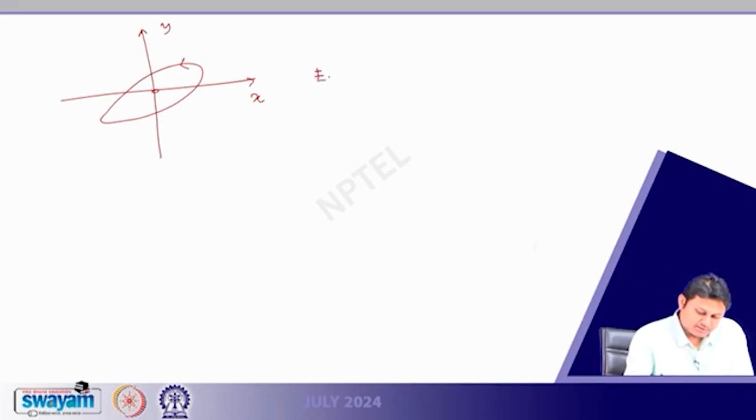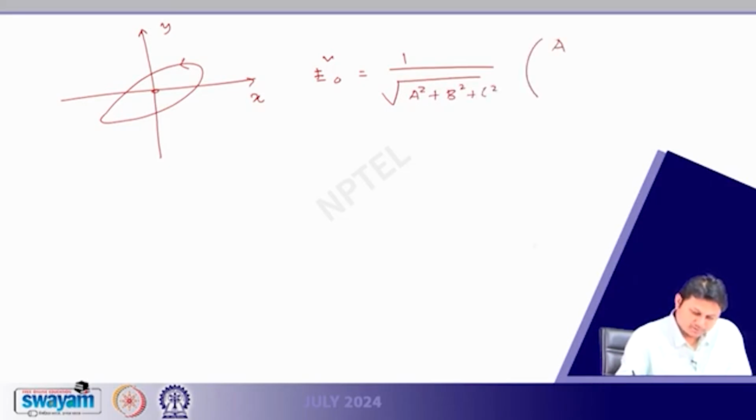So, E will be 1 divided by root over s square plus c square, and it should be a, b plus i c, and again it is moving in this direction.